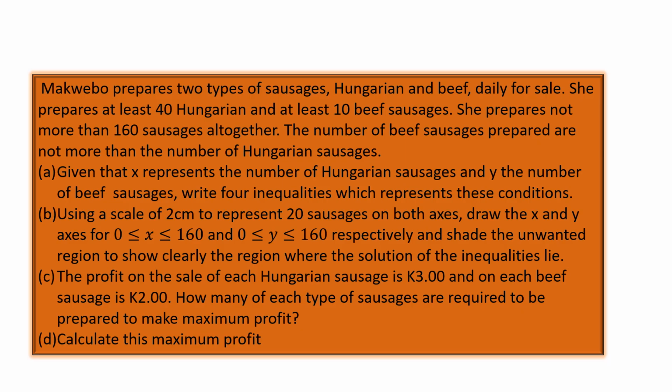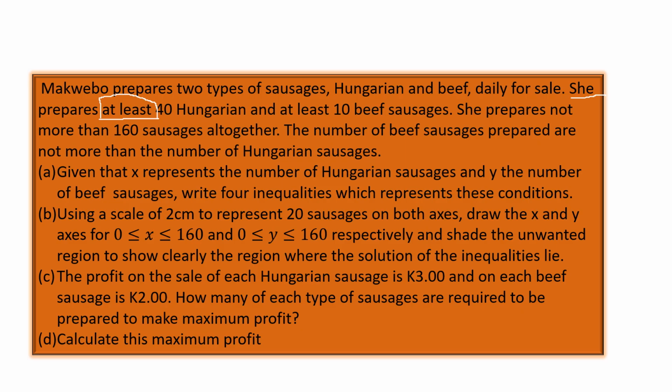Before we go to the main questions, I want you to understand some of the terms in this topic, so that you know the signs when they say this, they mean like this. Like in this question, she prepares at least 40.